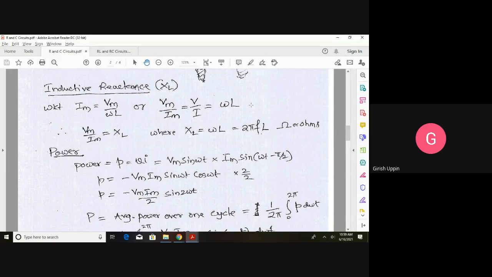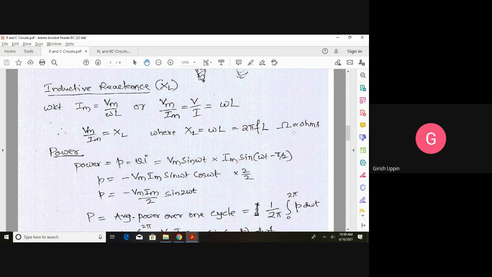It can be represented as 2 pi f, and we know that the V by I ratio is always an opposition, represented as XL. XL is the inductive reactance, the opposition offered by the inductive circuit, a pure inductance, to the flow of the current. Therefore, XL can be represented as omega L or 2 pi f L, and it is represented in ohms.